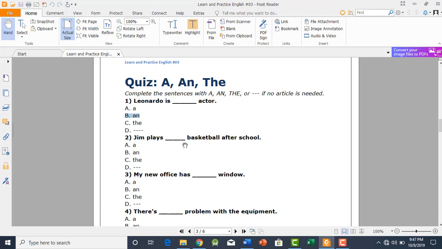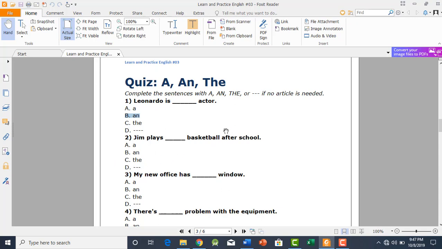Next one is Jim plays dash basketball after school. In that situation we have option D, because no article is required. Why don't we use the? Because basketball is not a specific game for Jim. If the sentence were something like James plays the basketball when only basketball after school, with a word like only in between, then the situation becomes so specific that we have to use the.